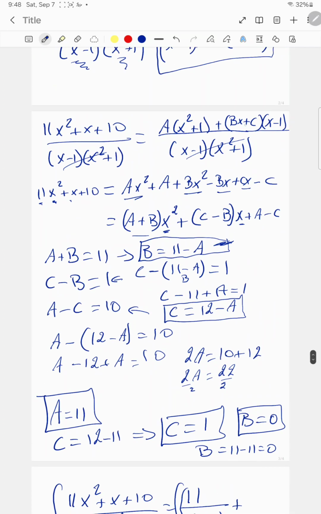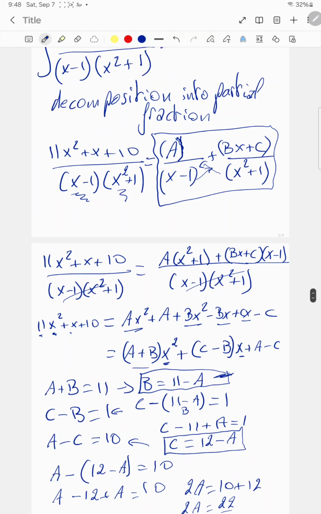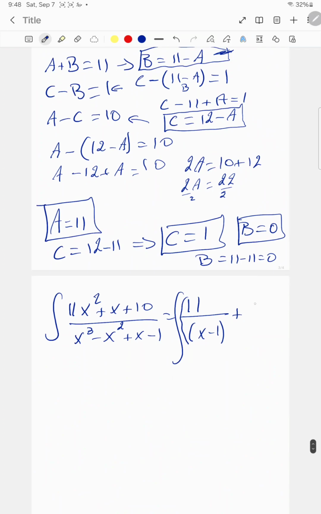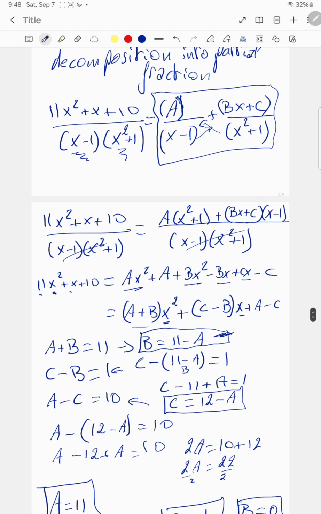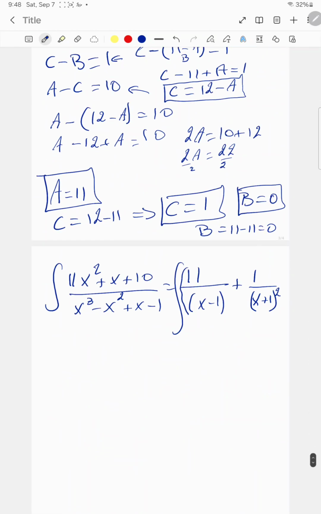So I have bx plus c. So 0 times x is 0, and c is equal to 1. We said 1 over x squared plus 1, and all that dx.